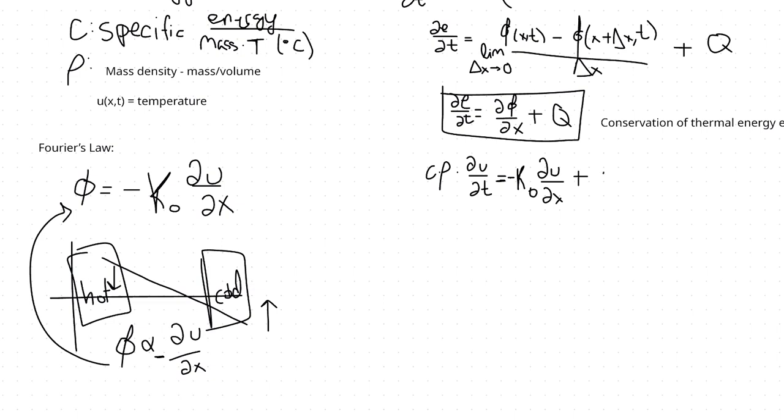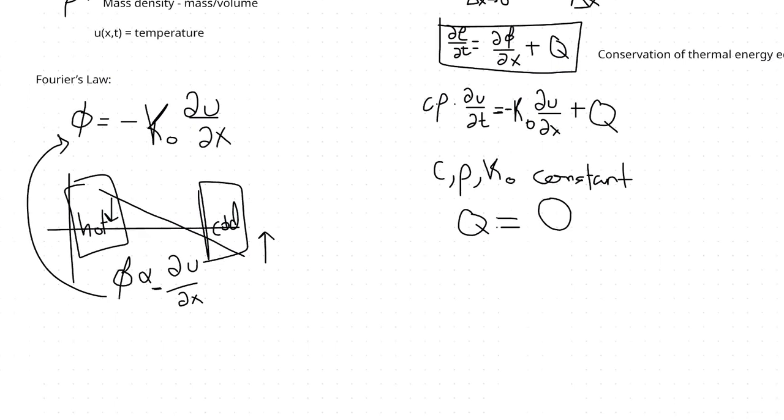Now, if we assume that C, rho, and k naught, which are these properties of materials, are constant, that is to say, independent of both time and position across the material, and we also assume that there are no sources or sinks within the material, that is Q equals 0, we can now rewrite this equation.